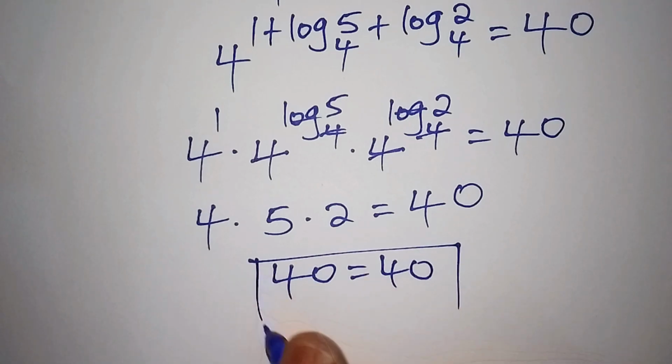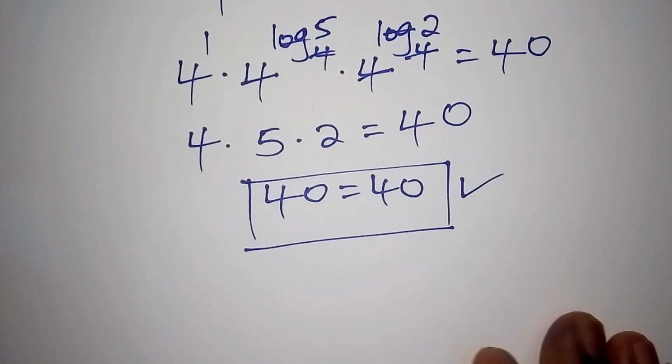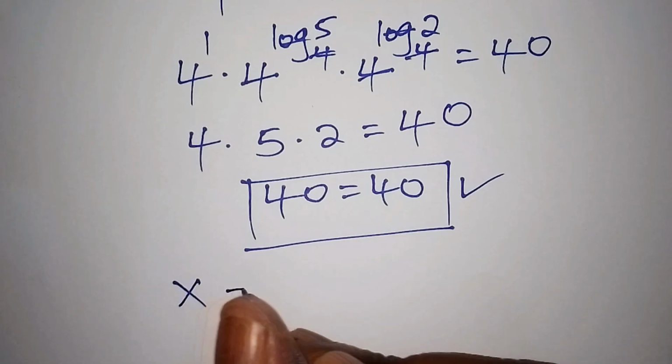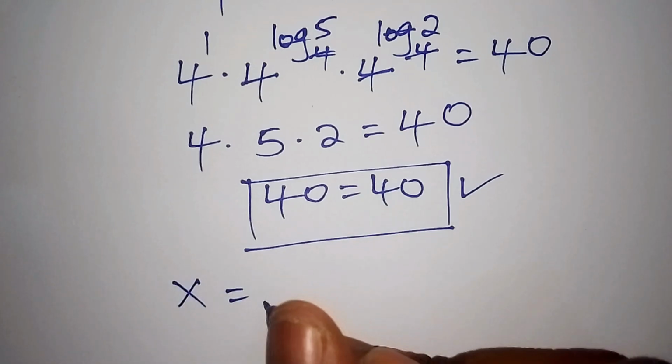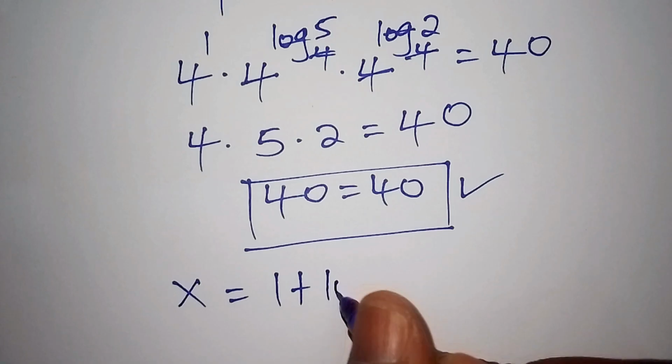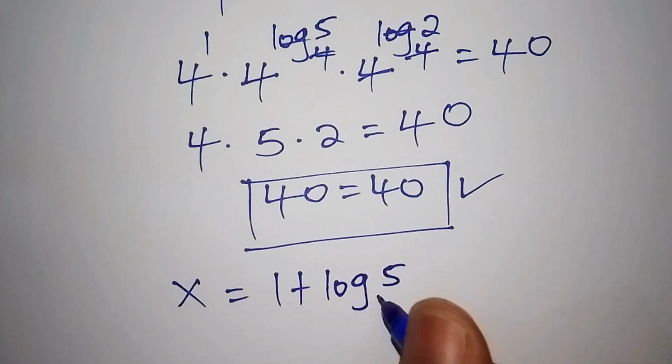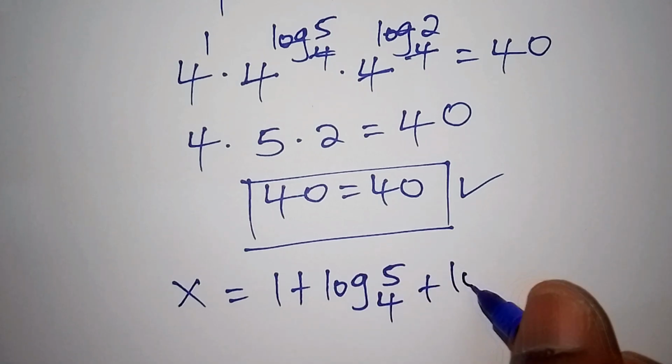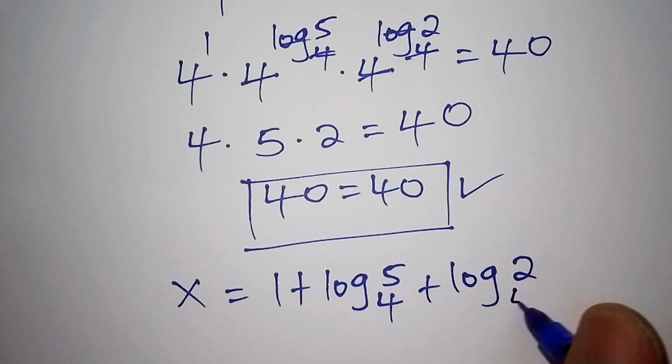So it means that we used the correct method in finding the right answer by saying that the correct value for x is equal to 1 plus the log of 5 to the base of 4, plus the log of 2 to the base of 4.